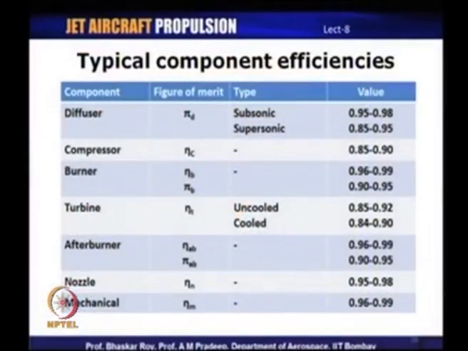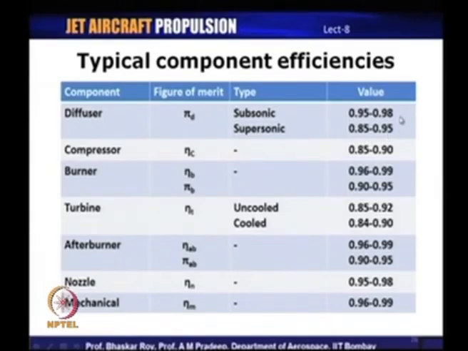The diffuser is defined by the diffuser pressure ratio as well as the efficiencies, and these can be different depending upon whether it is subsonic or supersonic. In supersonic intakes, efficiencies are typically lower because of the presence of shock waves, which is why for subsonic intakes the values vary from 0.95 to 0.98, while for supersonic they vary from 0.85 to 0.95.